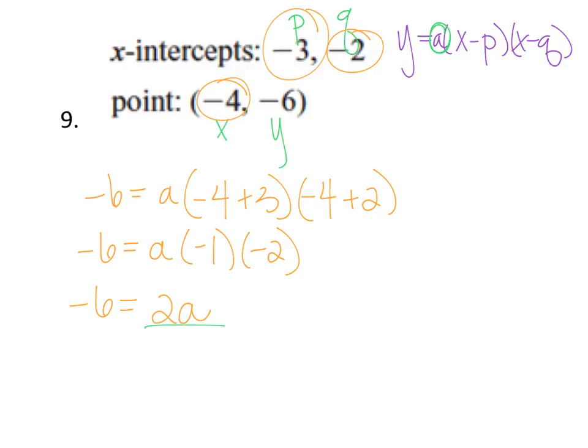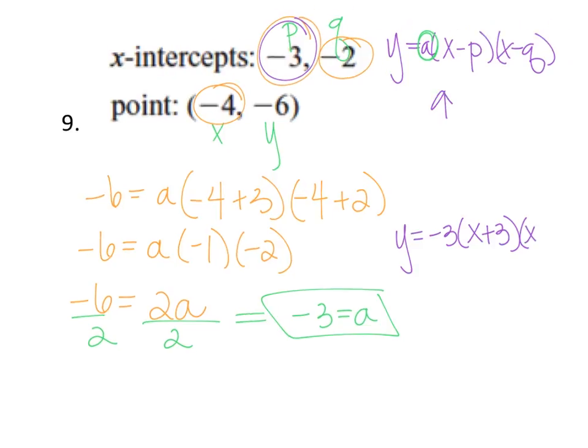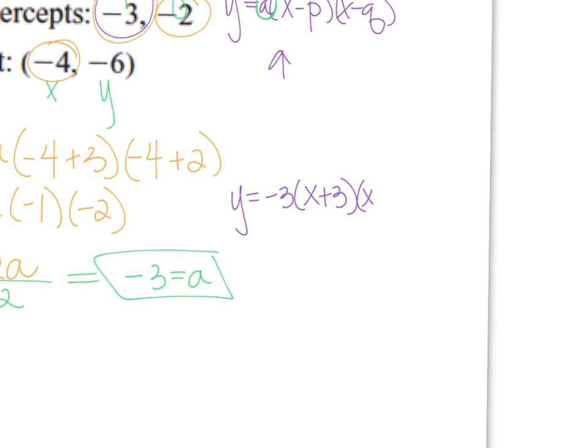Well, to get a alone, divide each side by 2, which gives you -3 equals a. Now I'm going to use that information to fill this out. So then I'm going to have as my final answer y equals -3 times x. Well, here's the thing. I know p, x plus 3, and then I know q, which is x plus 2. So here would be my final result and my final answer.